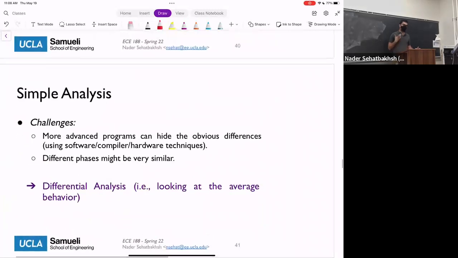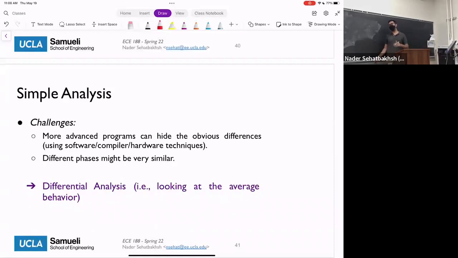The basic challenge with simple analysis is that if you know your program can be seen and detected using these phases, you can come up with changes in the software so that it's no longer obvious. You add some randomness, some unexpected behavior, some additional activity so that all these phases look at least visually similar.